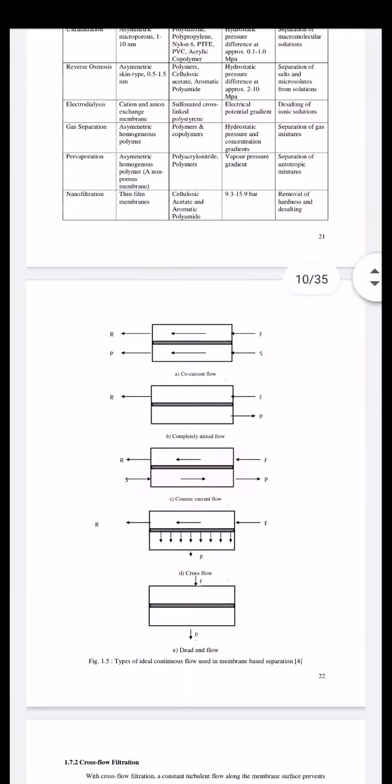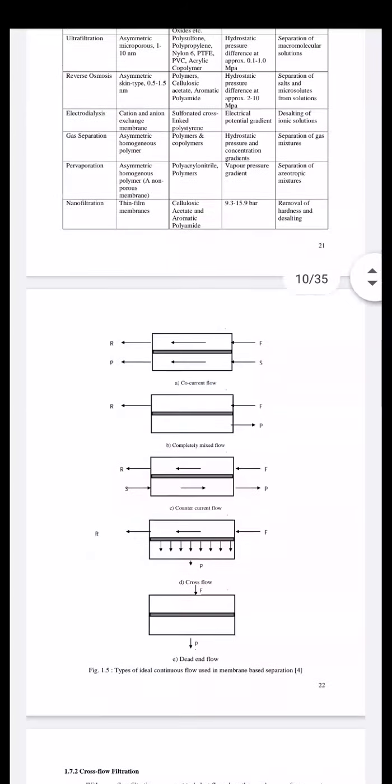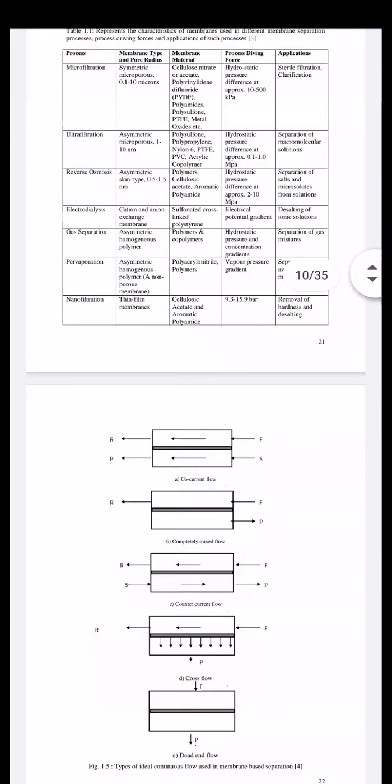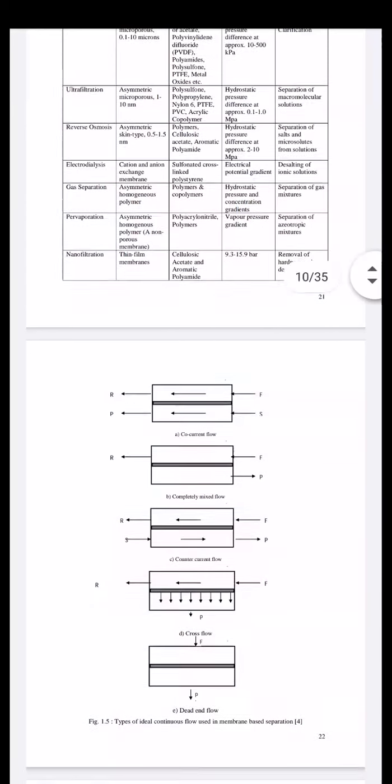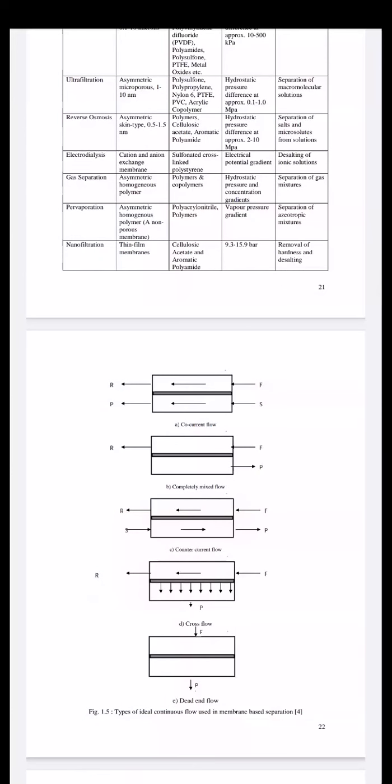Now nanofiltration, that is not part of our syllabus, but I will just give a brief review of it. Very thin film membranes are used for nanofiltration, and cellulose acetate and aromatic polyamides might be the materials of construction for membrane preparation. The pressure range is very high, 9.3 to 15.9 bar.